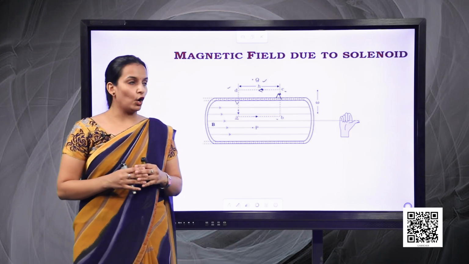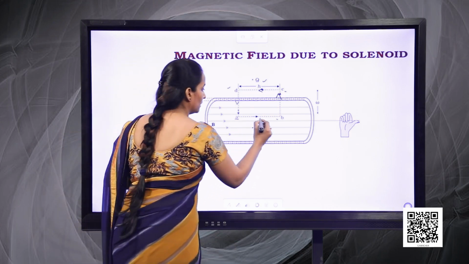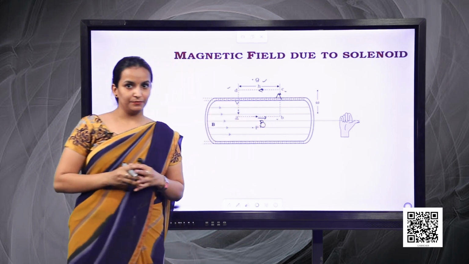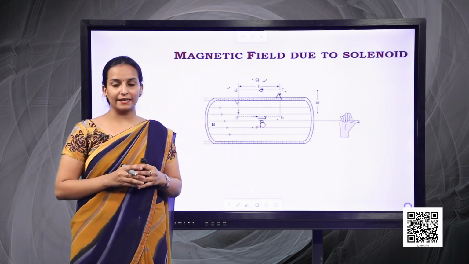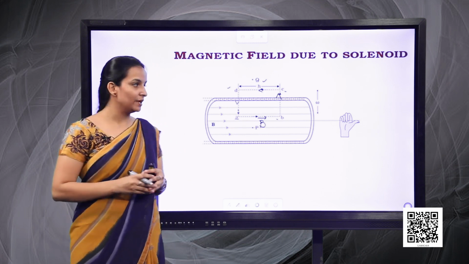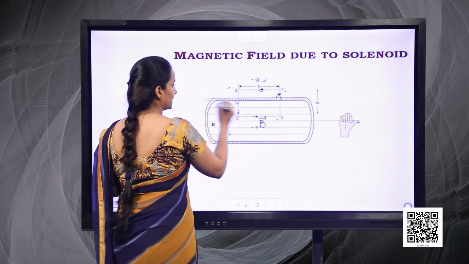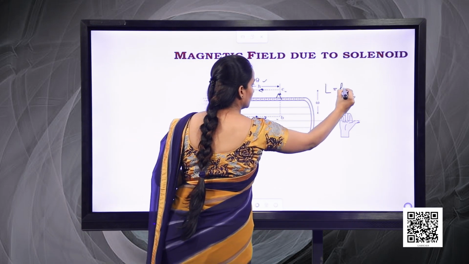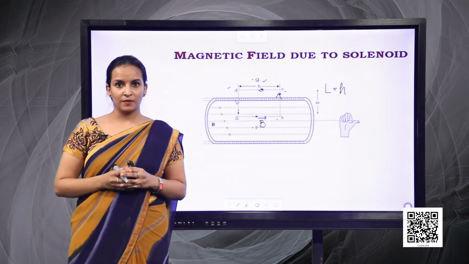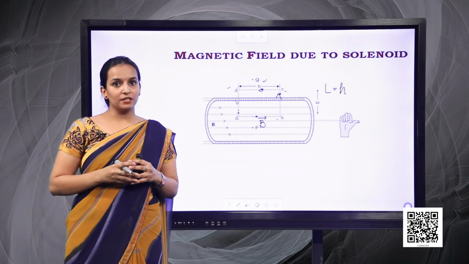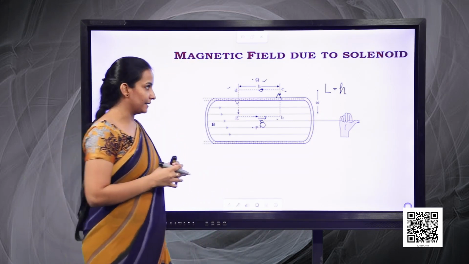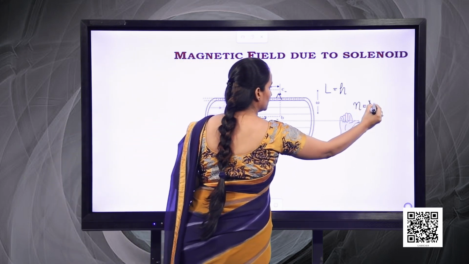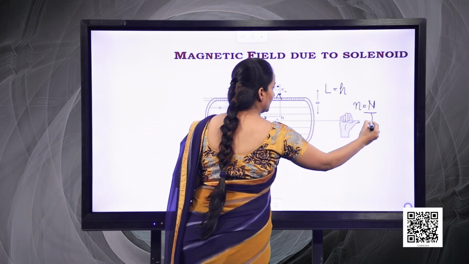Let the field along AB be B vector, and the relevant length of the Amperian loop is L, and let's say n be the number of turns per unit length. That is, small n is equal to the number of turns per unit length.